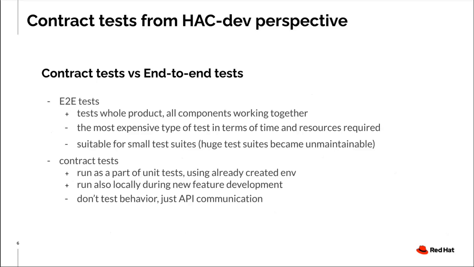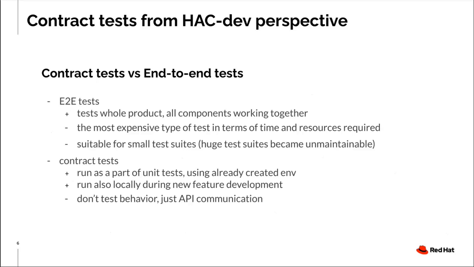On the other hand, they require a lot of resources for all those components, and they require a lot of time to spin them up. And the bigger the end-to-end test suite is, the more time it requires for maintenance and the less stable it is. So end-to-end testing is suitable for a small test suite, like some happy path or golden path tests.